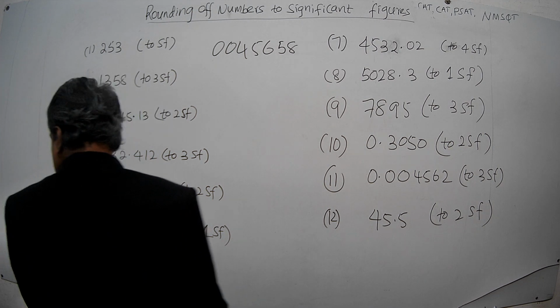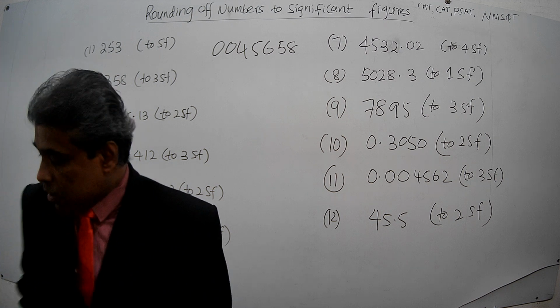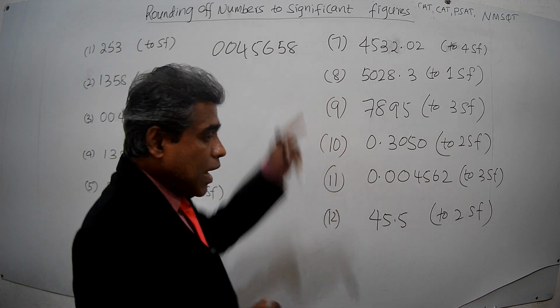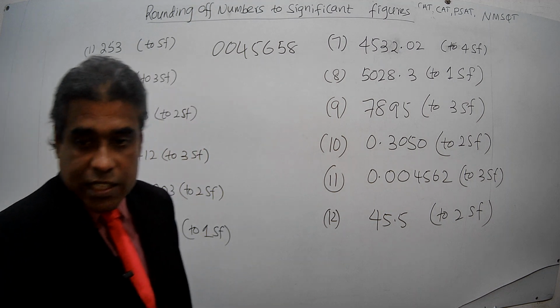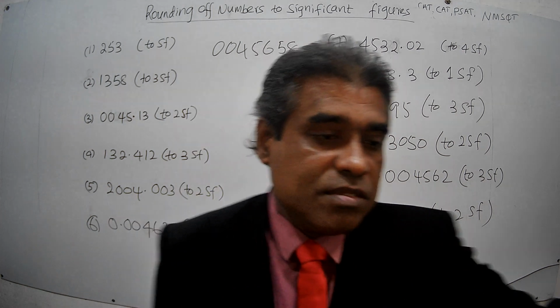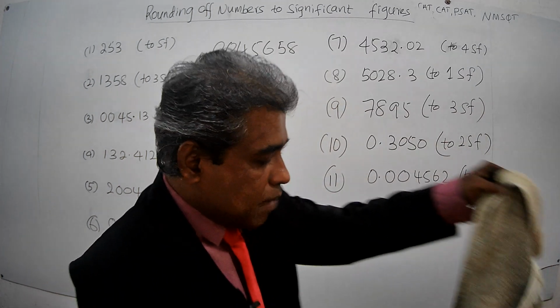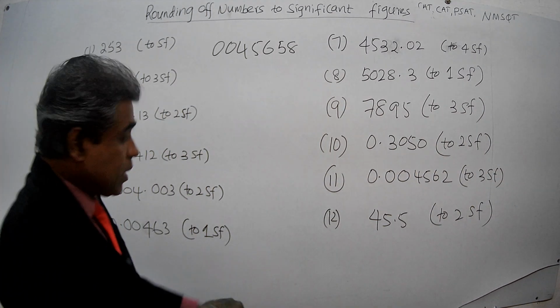Let's see how these numbers are rounded off to the given number of significant figures, shown within brackets with the respective question.